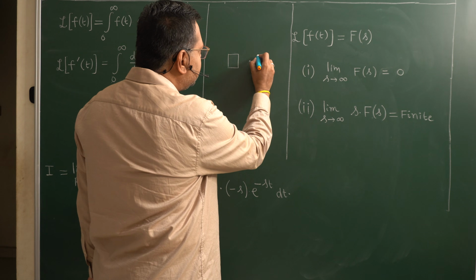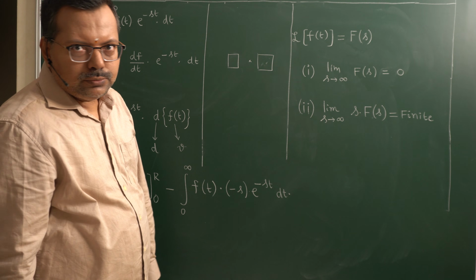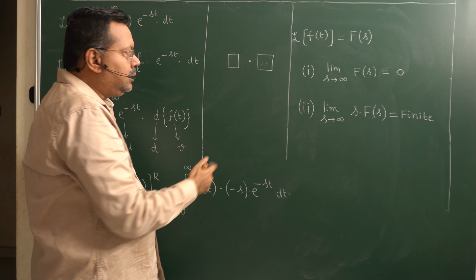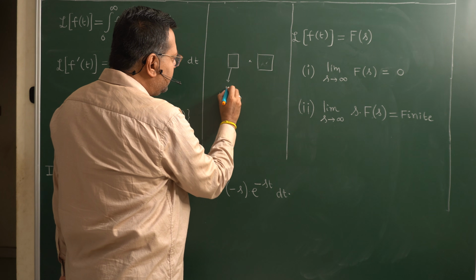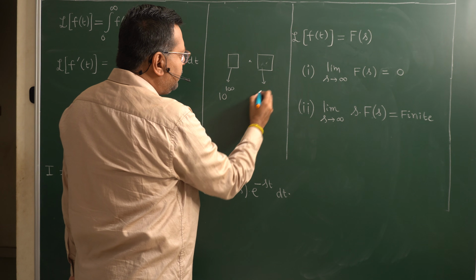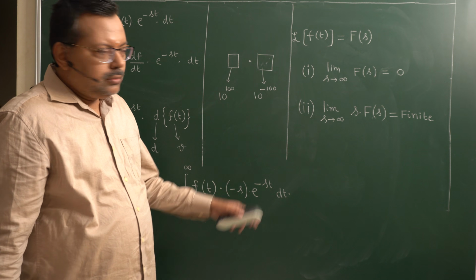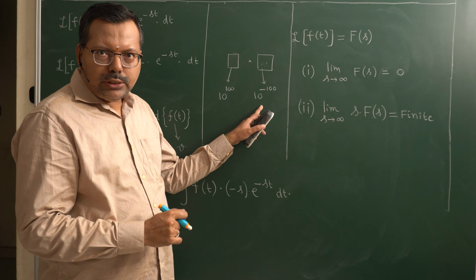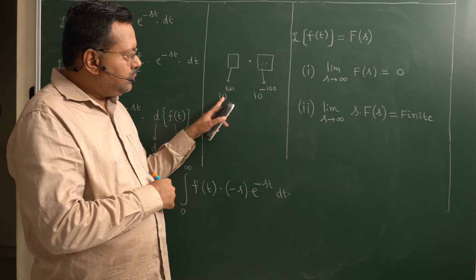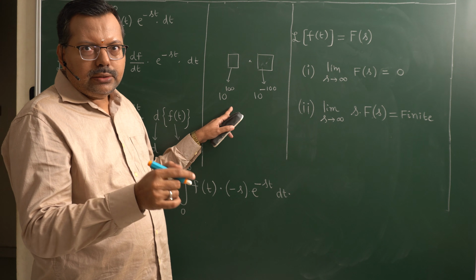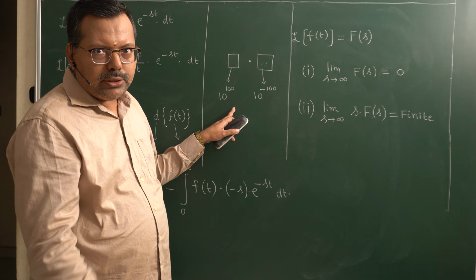So we will not say that this is exact 0, but this is a number which is approaching 0, which means, for instance, I can say that this number can be a very large number like 10 to the power 100, and that number can be a very small number like 10 to the power minus 100. 10 to the power minus 100 is approaching 0. 10 to the power 100, you can think that it is approaching infinity. If you are going to multiply them, I will be getting some finite value which is neither 0 nor infinity.